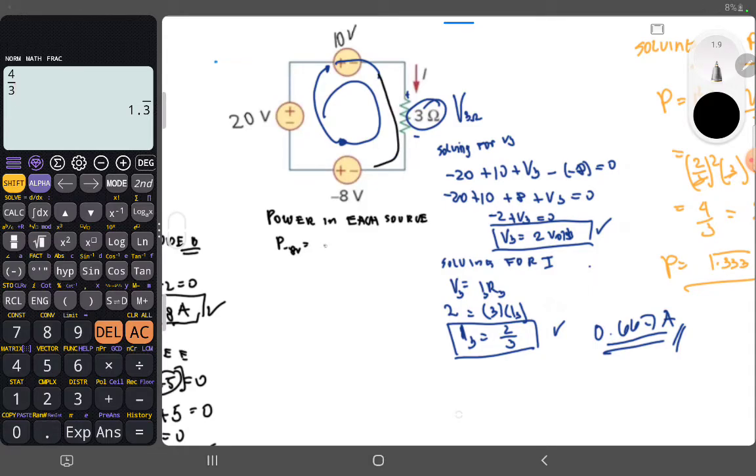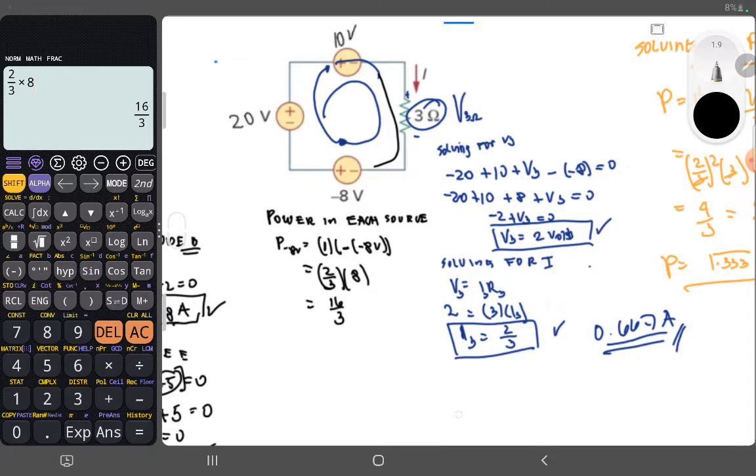So I will have I multiplied by negative ng ating 8 volts. So negative of our negative 8 volts, which is equal to 2/3 multiplied by negative 8 volts, so positive 8, which is equal to 2/3 multiplied by 8, which is equal to 16/3.